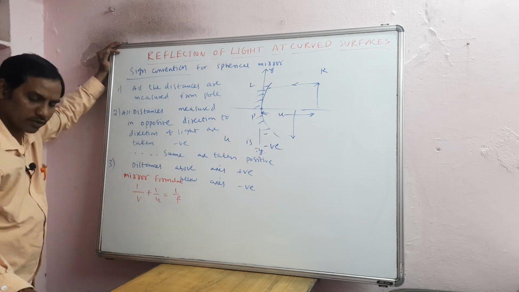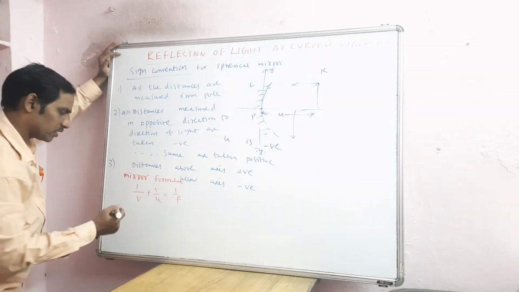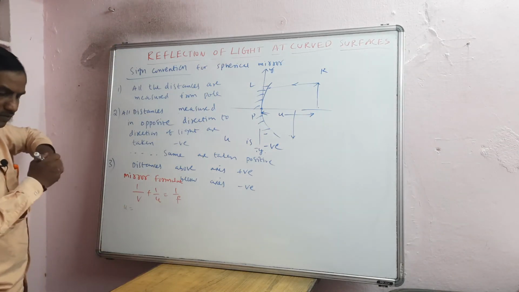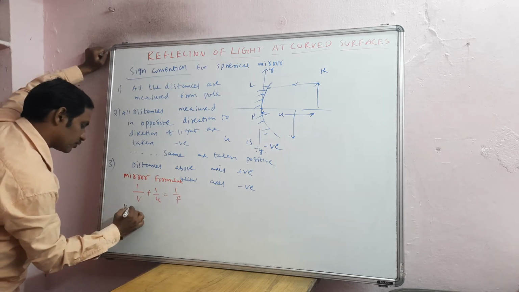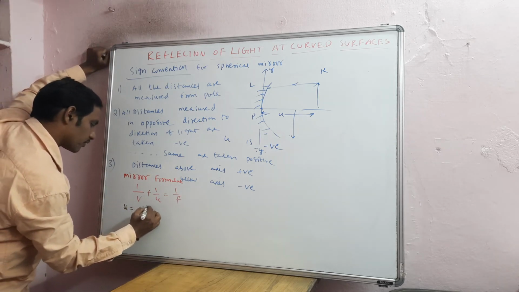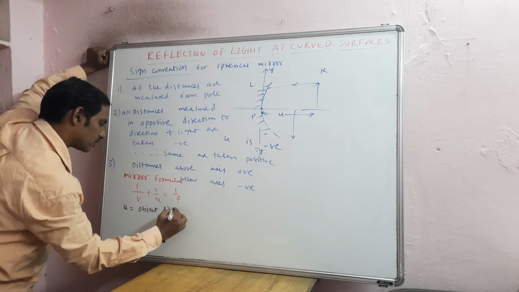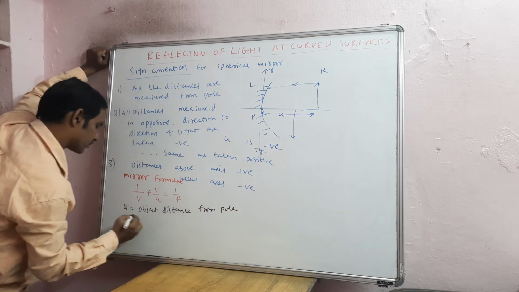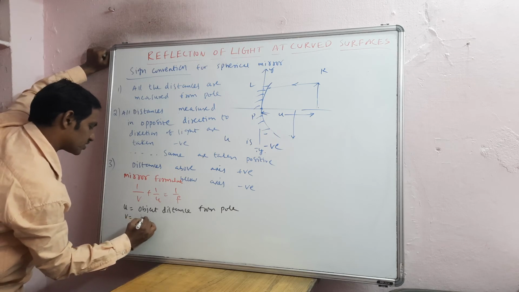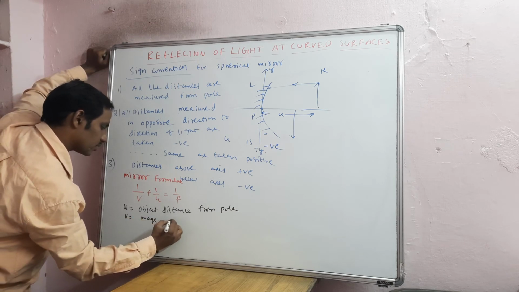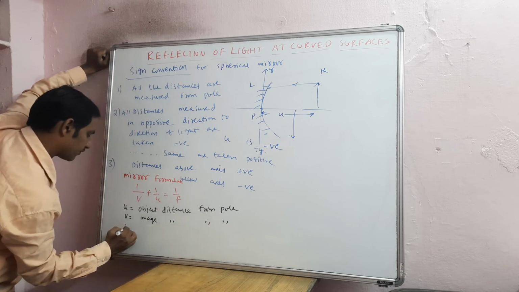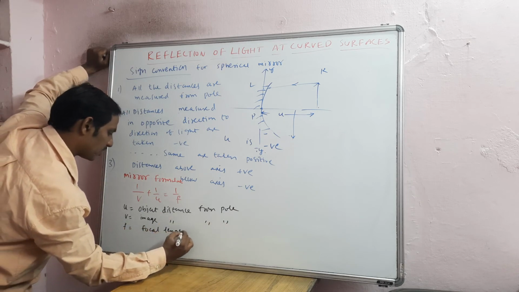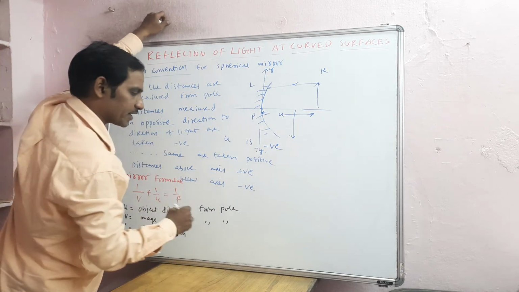Here, v is the image distance and u is the object distance, of course from the pole, and f is the focal length. Remember, always u will be negative, that you remember.